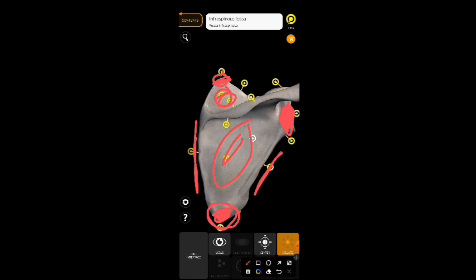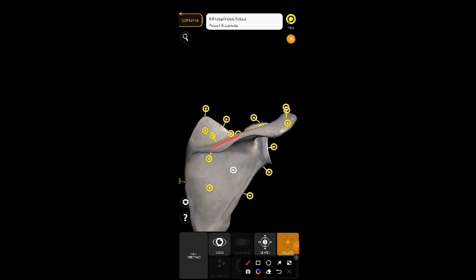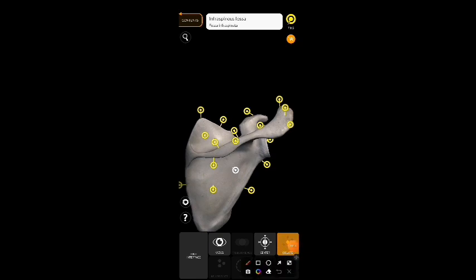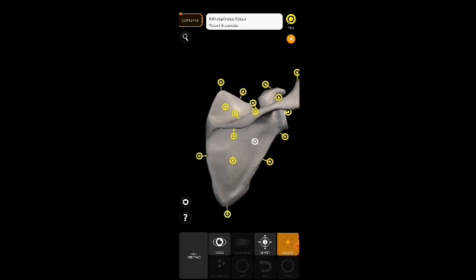The 3 processes are the scapular spine, acromion process, and coracoid process. The 3 borders are the superior, lateral, and medial borders. The medial border is thin, the lateral border is thickest, and the superior border is shortest.